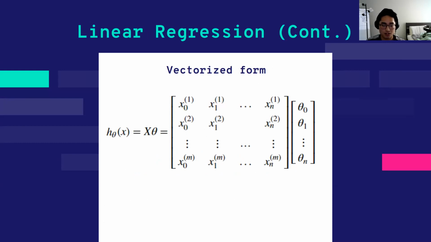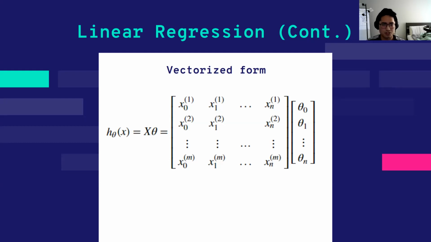Because any data that you deal with, and I'm pretty sure some of you have been in data structure classes, is represented by an array or a matrix. This makes it easier for us to input into our model or program, and do basic operations like addition, matrix multiplication, matrix division, and so on.